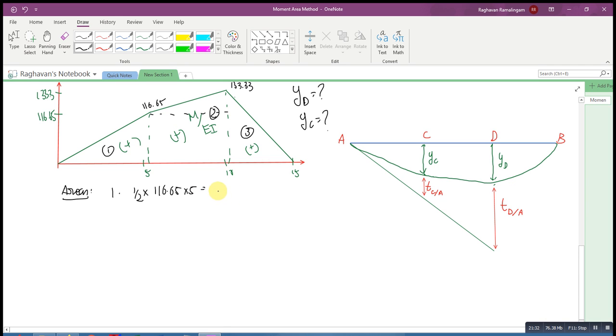This is 291.625. And then I have a trapezium, half into 5 into, no, both of them added together, 116.65 plus the 133.3, which is 624.95.